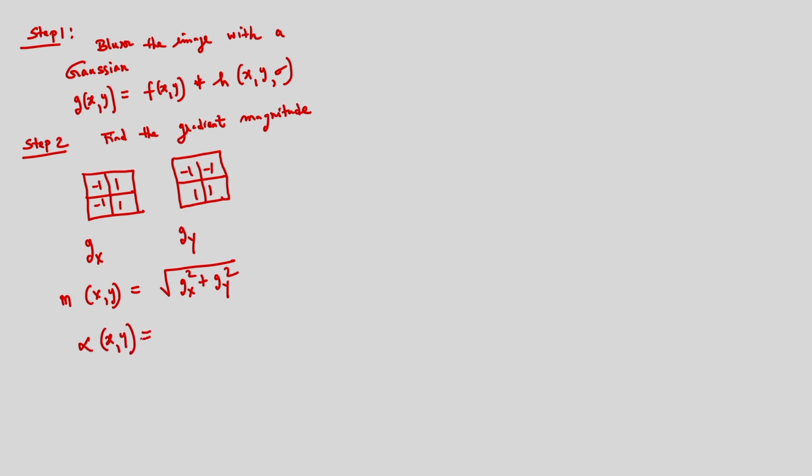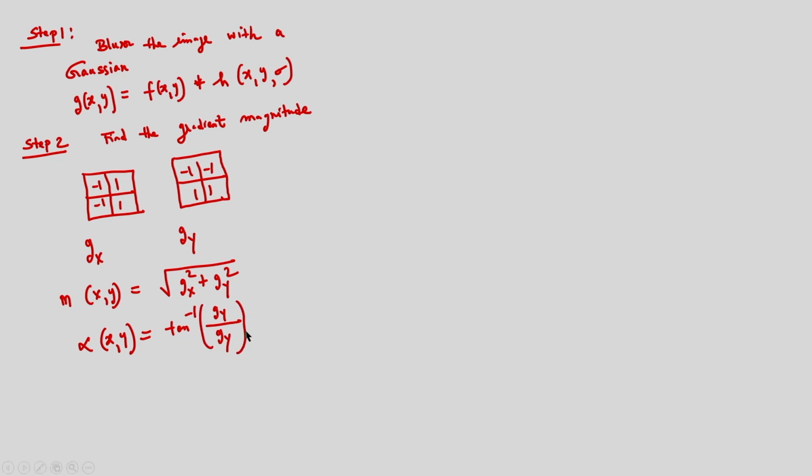This angle is nothing but the direction of the normal to the edge. So that angle, alpha xy, I can determine. For all the pixels of the image I can determine Mxy, that is the gradient magnitude, and also the angle alpha xy.